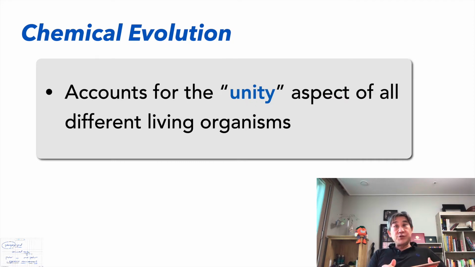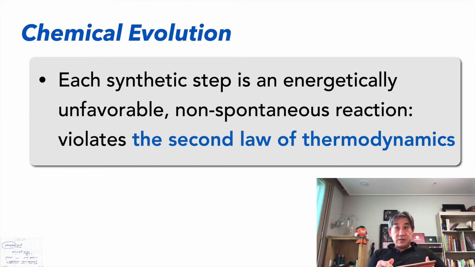Now, with this chemical evolution theory, because the ancestral form of the first ever cell, from then on, all these descendants were made through cell division. That's why we can observe this unity aspect in all different living organisms nowadays.